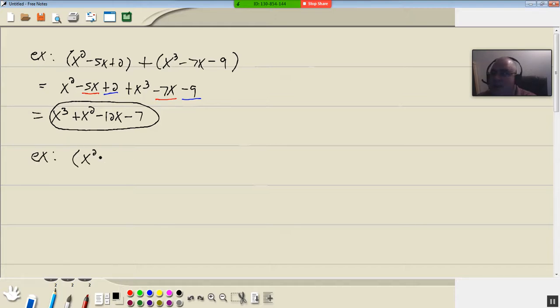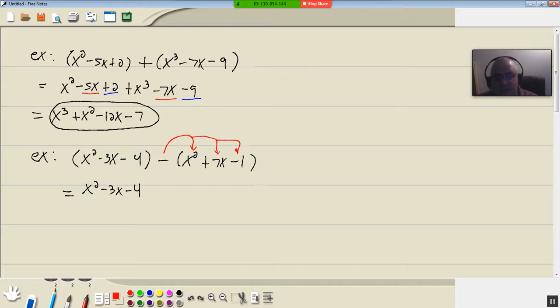Now if I have x squared minus 3x minus 4, minus x squared plus 7x minus 1, this is subtracting polynomials. This first set of parentheses didn't do anything, so I drop it. I got x squared minus 3x minus 4. Remember what we said earlier. A negative out in front of your parentheses flips the sign of everything inside. So it's going to flip the sign of all those terms.